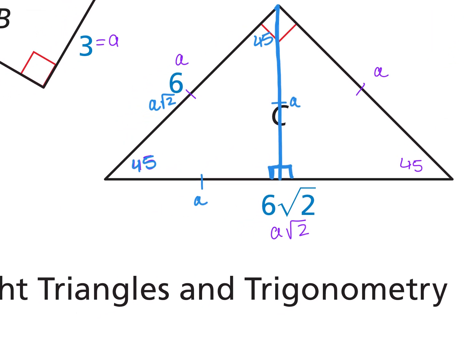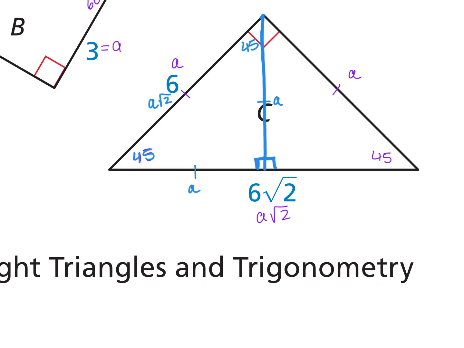So I need to solve for A, given that 6 is A times the square root of 2. So solving, I have A times the square root of 2 equals 6. Divide by the square root of 2. I cannot have a radical as my denominator. Okay, so I'm going to have 6 over the square root of 2 times the square root of 2 over the square root of 2. I'm going to get 6 times the square root of 2 over 2.